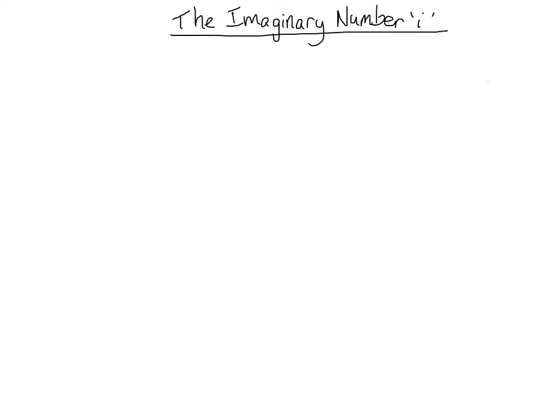So, what is an imaginary number? What is i? Well, i is defined as the square root of negative 1. It follows then that i squared would be this value squared, so therefore, it's just negative 1. We could keep going with this and figure out what i to the third is.